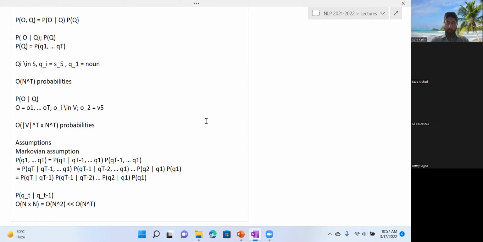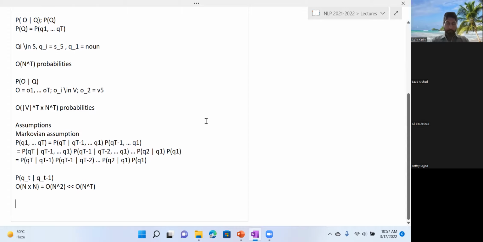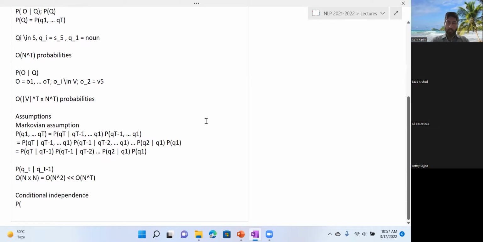Okay. So we are running out of time. So the second assumption is the assumption of conditional independence. And this is applied to simplify the first term, the probability of O given Q. Okay? And of course, O is the sequence from O1 to OT, and Q is the sequence from Q1 to QT.